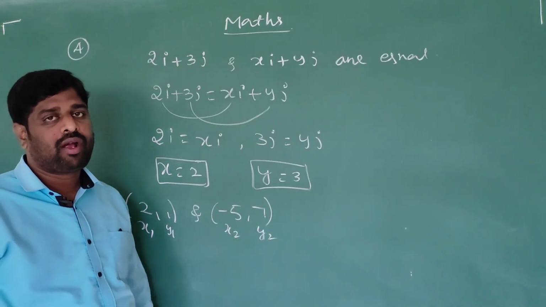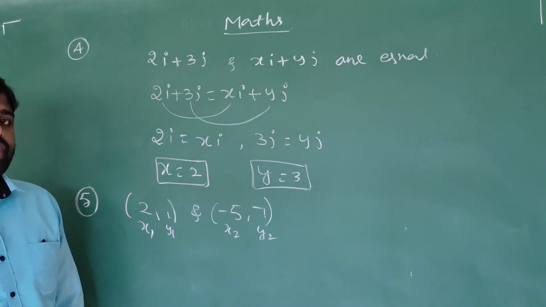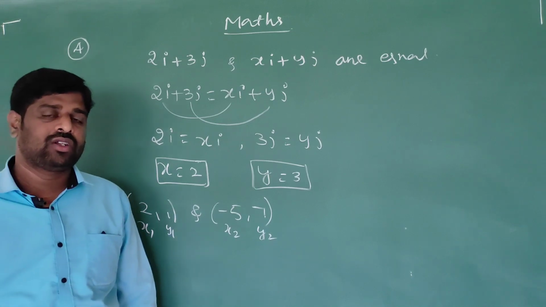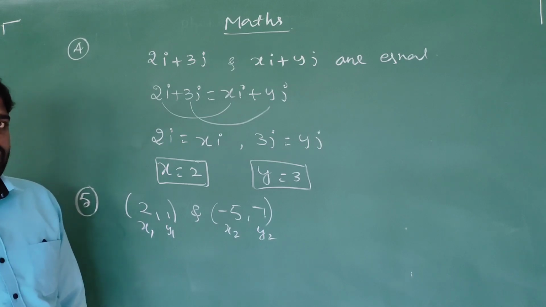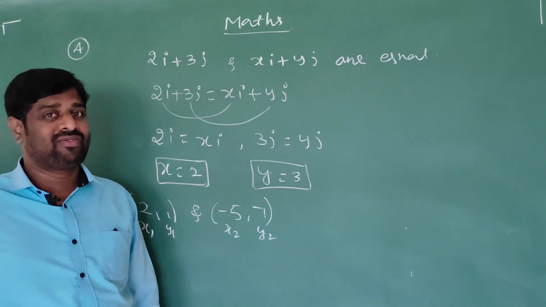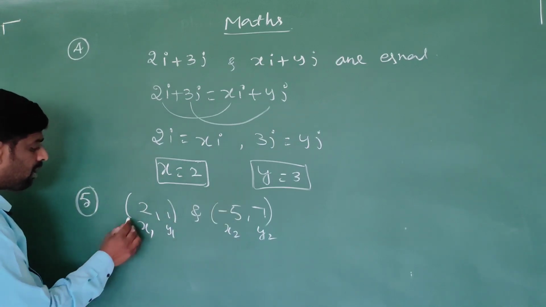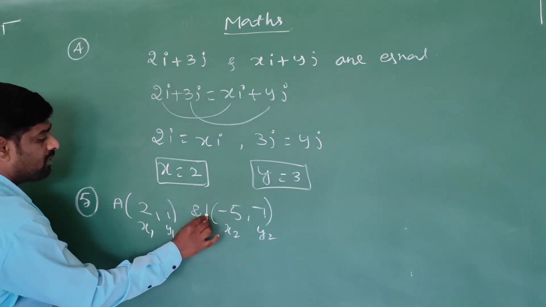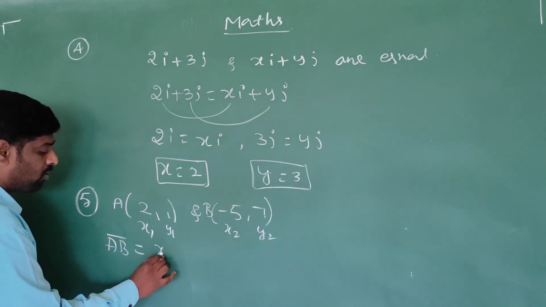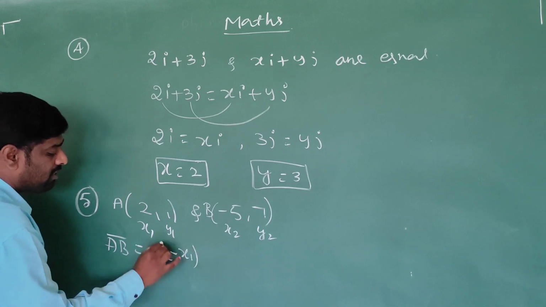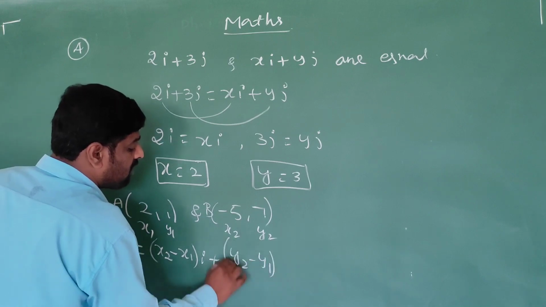The vector joining points formula is (x2 minus x1) i cap plus (y2 minus y1) j cap plus (z2 minus z1) k cap when the 3D form is given. Here only 2D points are given. Now I will take this as A, this as B. I want to find AB bar, which is equal to (x2 minus x1) i cap plus (y2 minus y1) j cap.